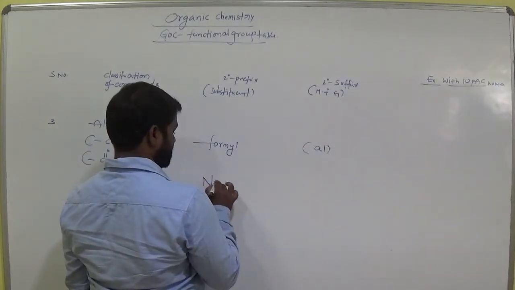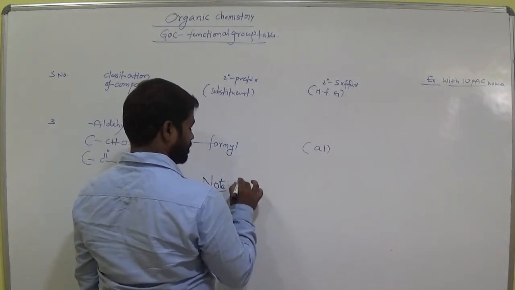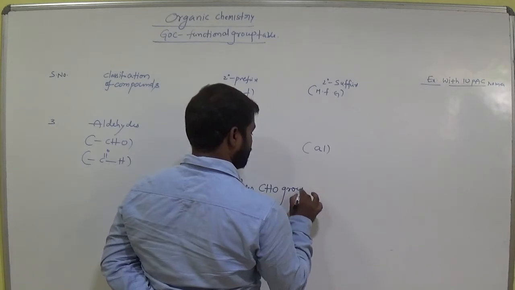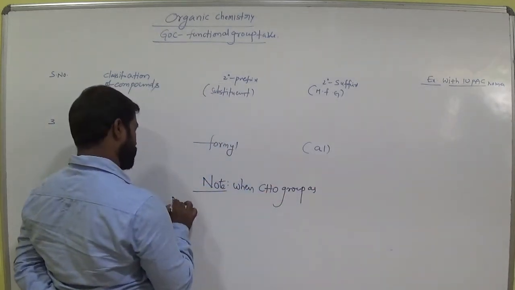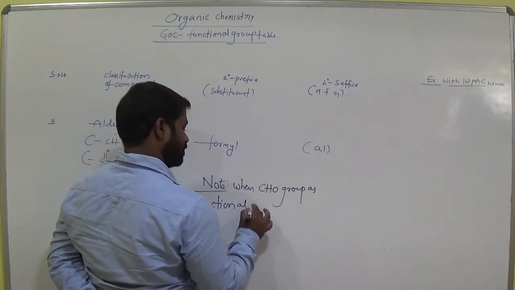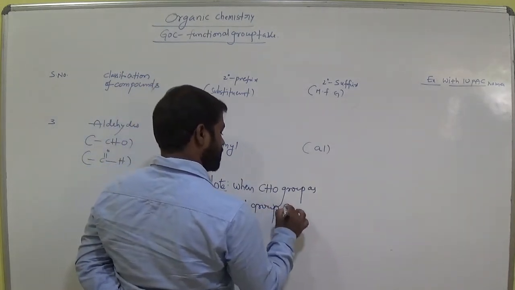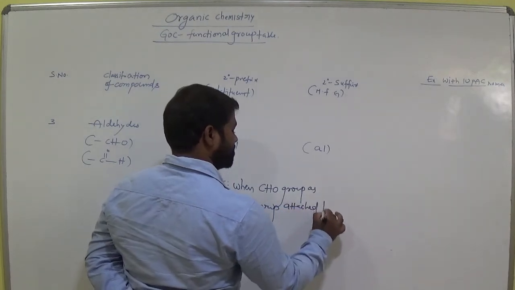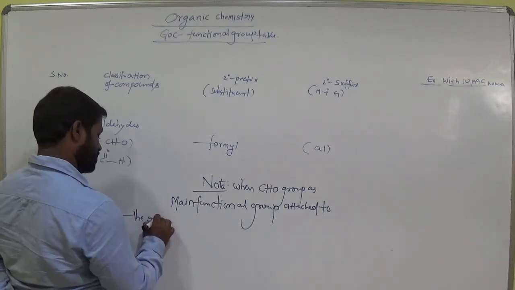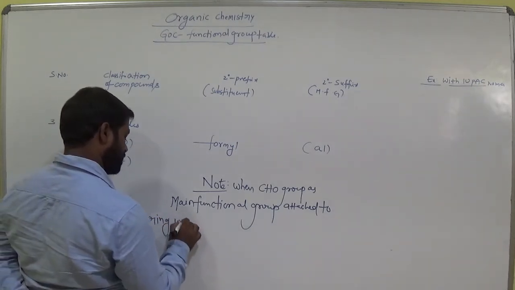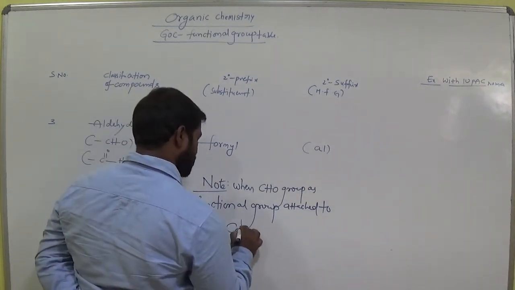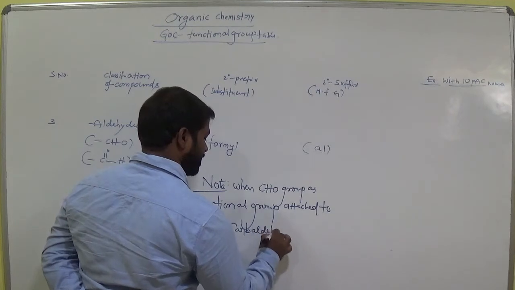Write a note here. When the CHO group as main functional group is attached to the ring, we call it carbaldehyde.